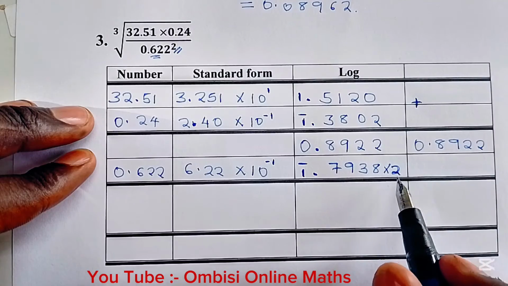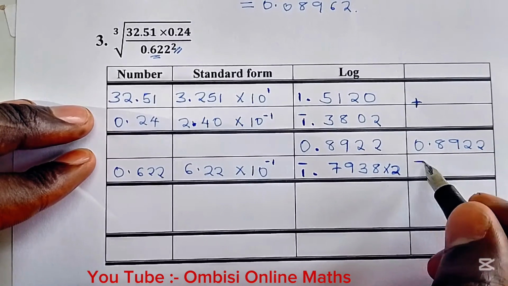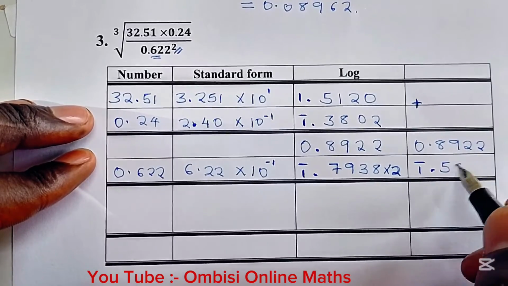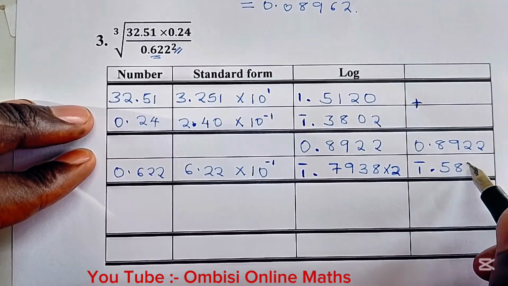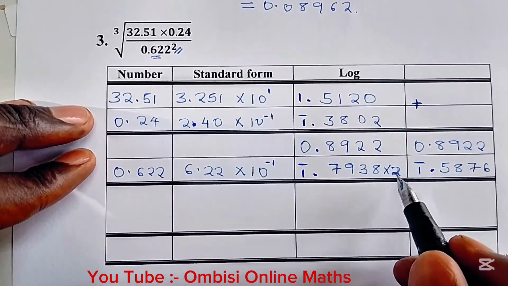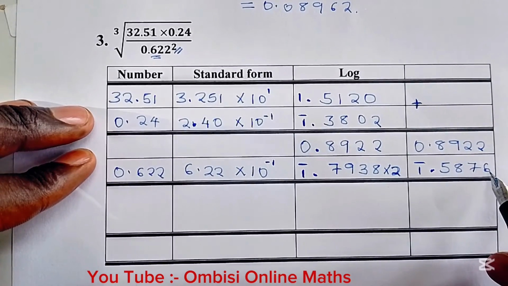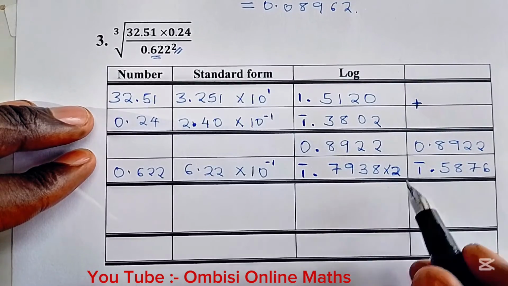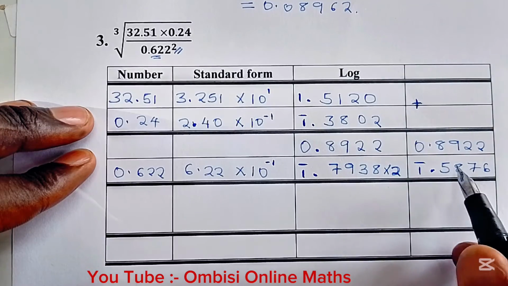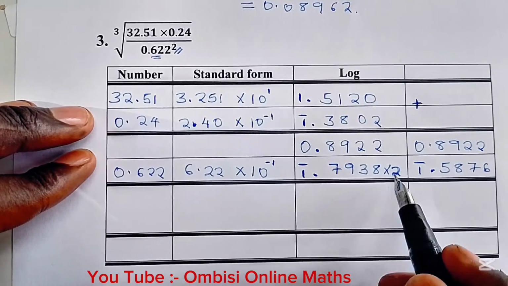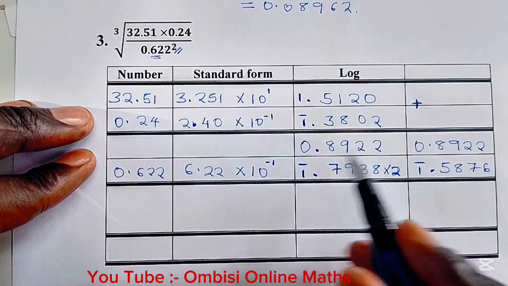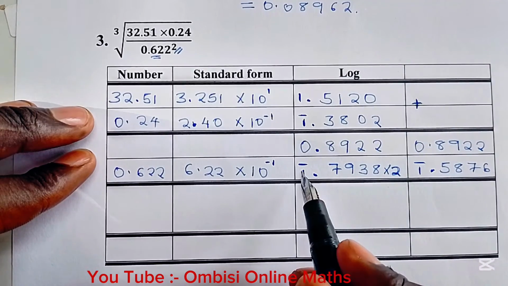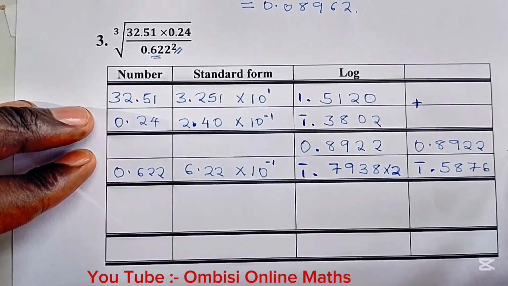So when you multiply 1.7938 times 2, you are going to end up with bar 1.5876. 2 by 8 is 16, 6 carry 1. 2 by 3 is 6 plus 1, 7. 2 by 9 is 18, put 8, carry 1. 2 by 7 it is 14, plus the 1 is 15. 5 carry 1. 2 by bar 2 it is bar 2.